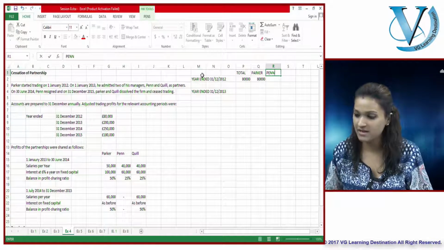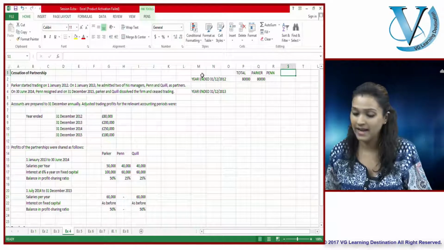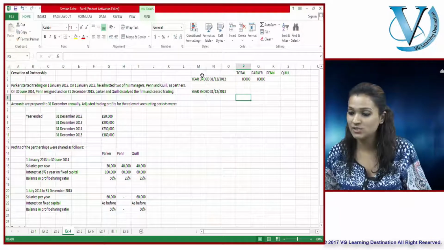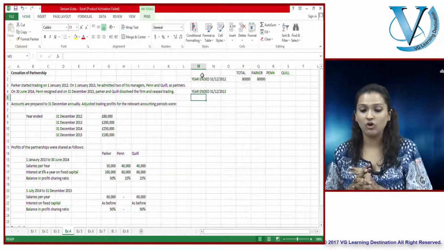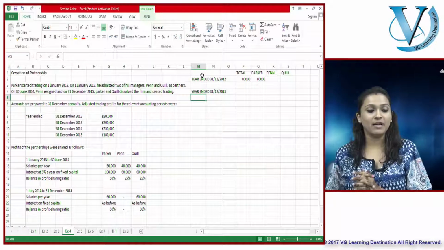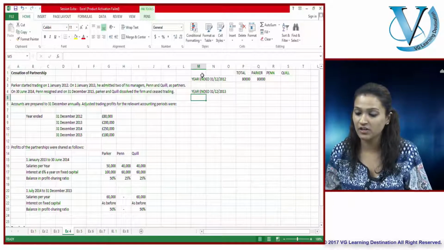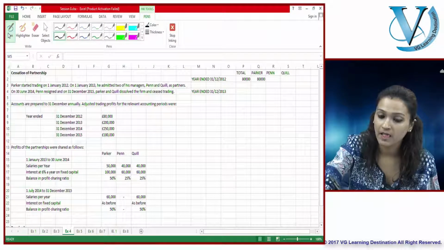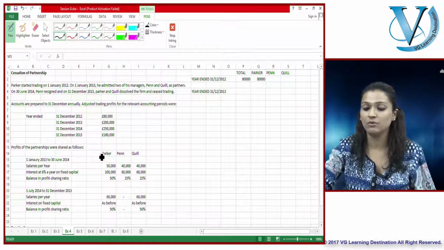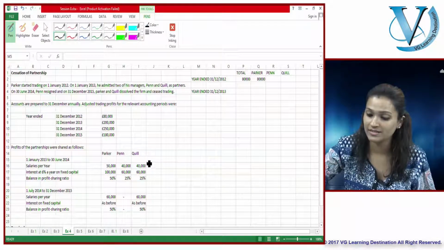We have Pen and Quill who have joined this business. When these two come in, from the 1st of January, what happens? Salaries of 50, 40, 40 are given. So for the entire year till the year ended 31st of December 2013, this is the profit sharing ratio which has been given to us.